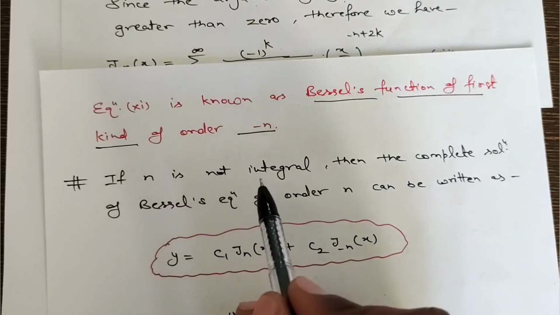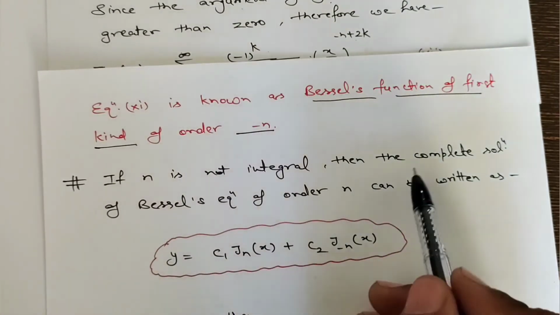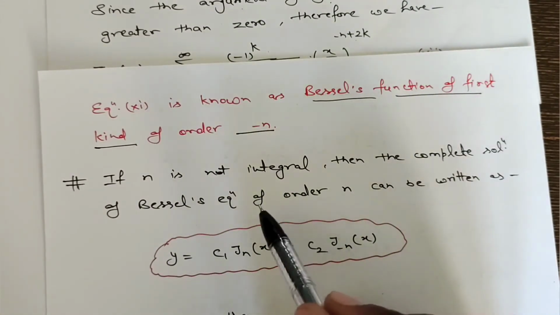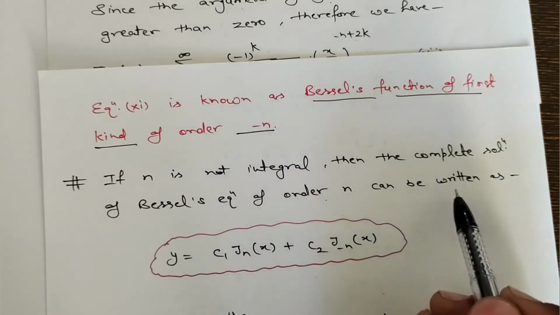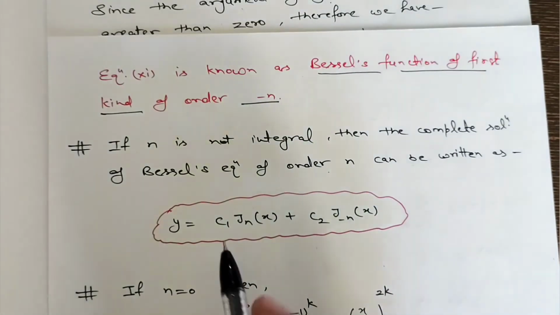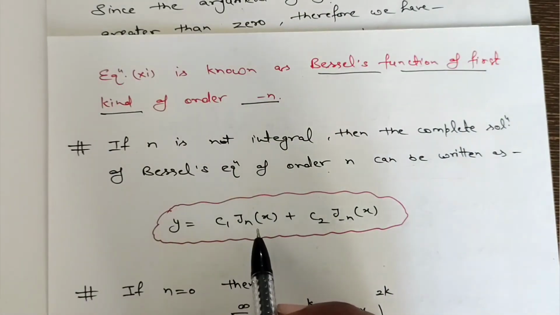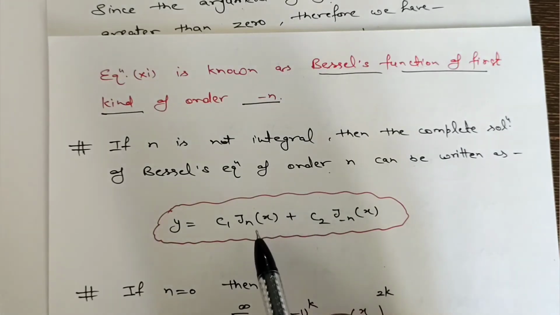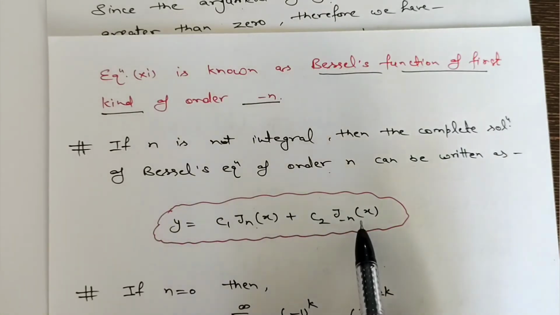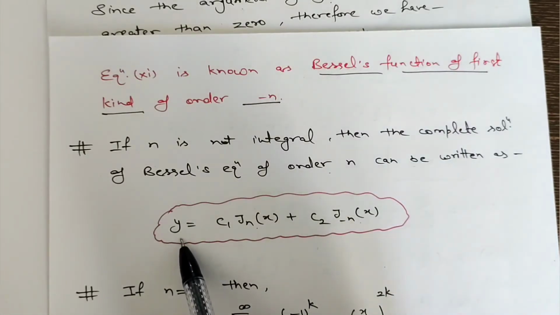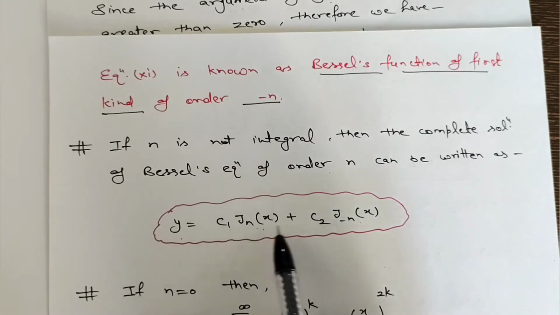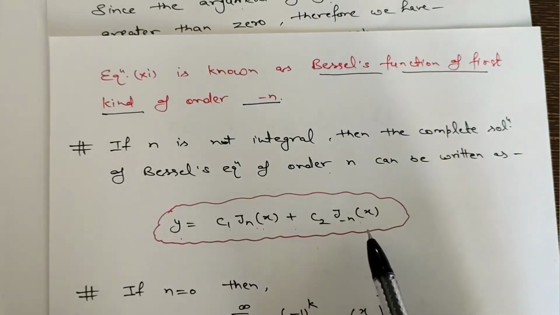If n is not an integral value, then the complete solution of the Bessel differential equation of order n can be written as a linear combination of two solutions. J n of x and J minus n of x are two linearly independent solutions, so the complete solution is C1 times J n of x plus C2 times J minus n of x.